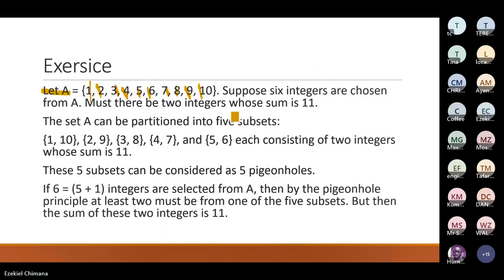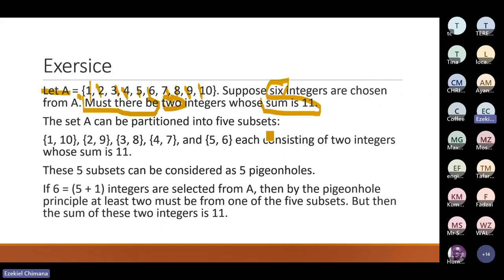The question goes on to say, suppose 6 integers are chosen from A. Must there be 2 integers whose sum is 11?